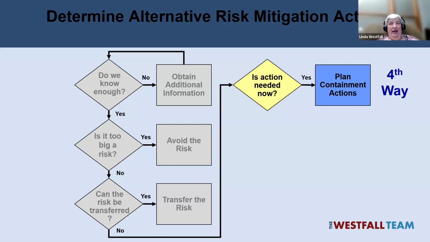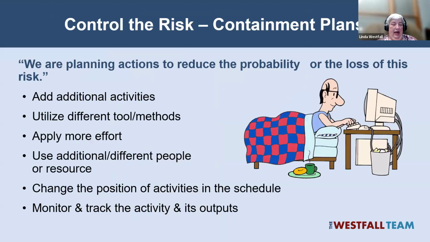You got to do them ahead of time. Folks, you got to do nightly backups before the disk crashes, or you're not going to have the ability to restore the backup and get back in service if the risk turns into a problem, i.e. the hard disk crashes. So the fourth way is to come up with some kind of containment actions.